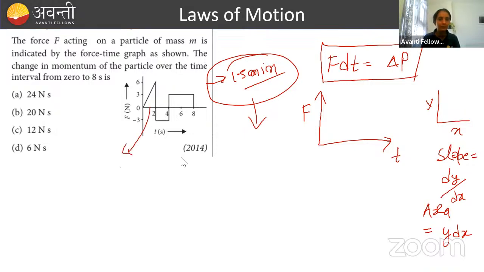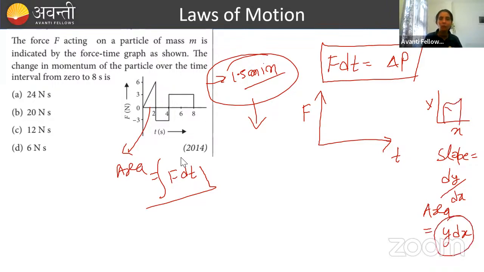So area of this graph will be equal to what? F dt, sum of all F dt, है ना? So if you sum this y dx, we will get the area of the whole. If this is the graph, then this whole area. Similarly here, if we calculate area, then we will get the value of total F dt, and that we have to calculate here.